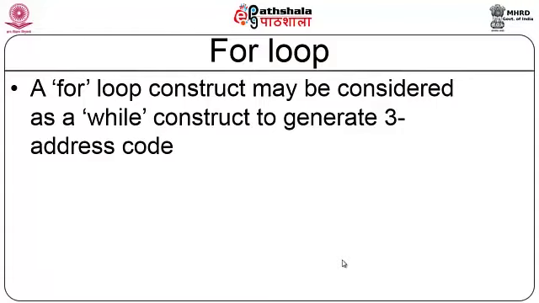So just convert the for construct to a while representation, and then use the three address code syntax directed definition corresponding to while to generate code for the for construct. Since for and while can be replaced with one another, we normally go with the while construct's SDD for generating three address code corresponding to for.